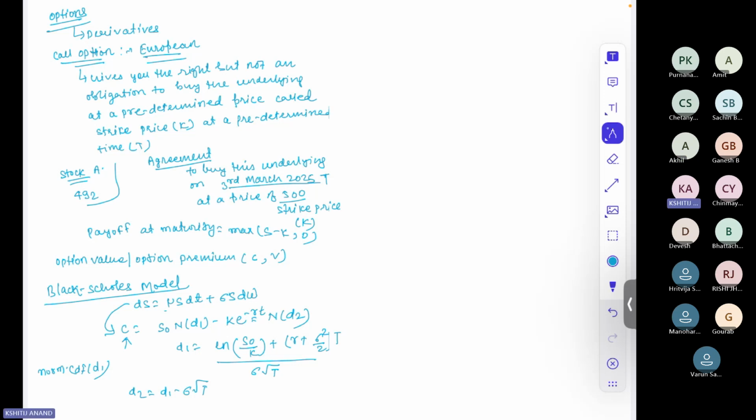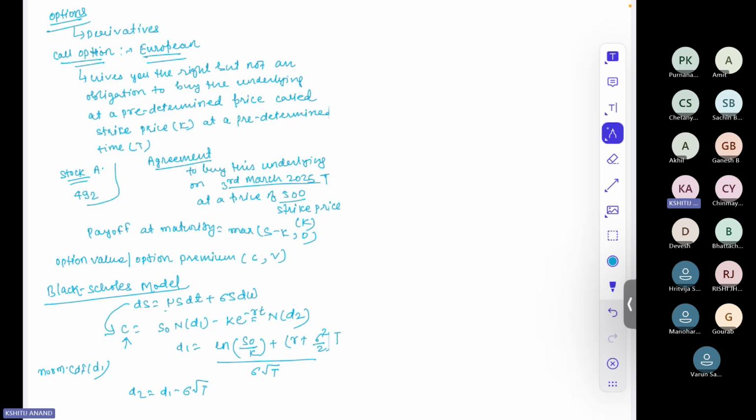Maybe I will suggest that you derive it once. It is quite interesting and gives you a lot of confidence. The first time I derived it, I was quite happy, and it helps you understand where it is coming from. So you take all the assumptions, and you see where each assumption is actually helping us. It will be helpful for you, and the book for it is Paul Wilmott. It is derived quite nicely in that book.